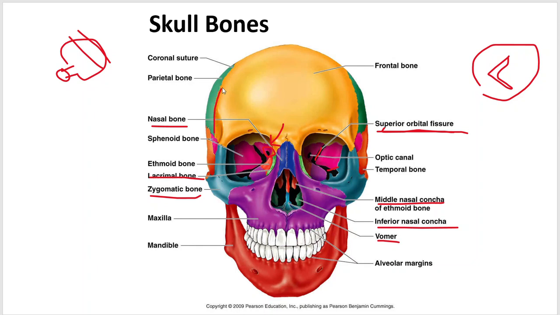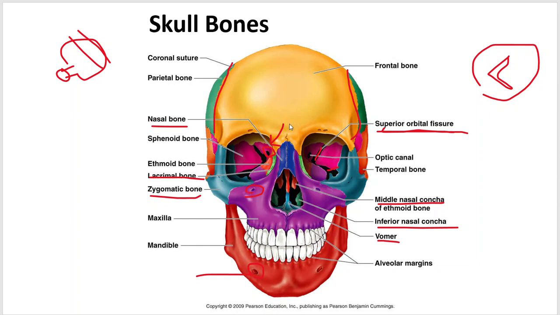Now this part right here, and we'll see it from the side as well, is going to be the frontal bone. It's basically going to be your forehead, guys, with a little bit extending to the back. The mandible, they don't show it here, but those are the mental foramen that we talked about.